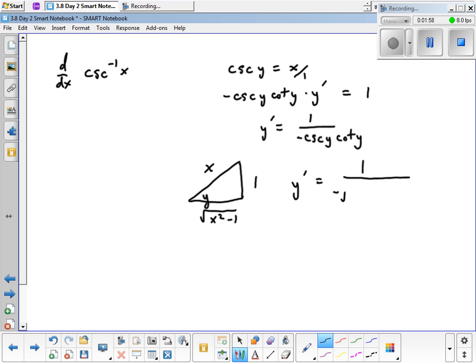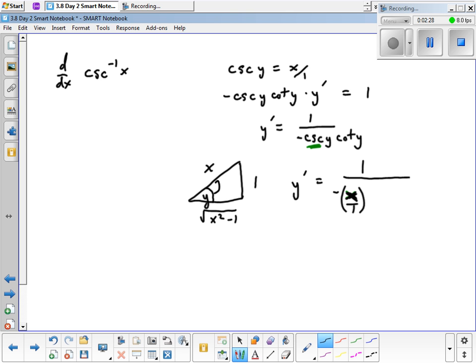So for cosecant y, that is going to be hypotenuse over opposite. So actually, we'll just start off with an x here. x over 1. That's cosecant of y according to this diagram.